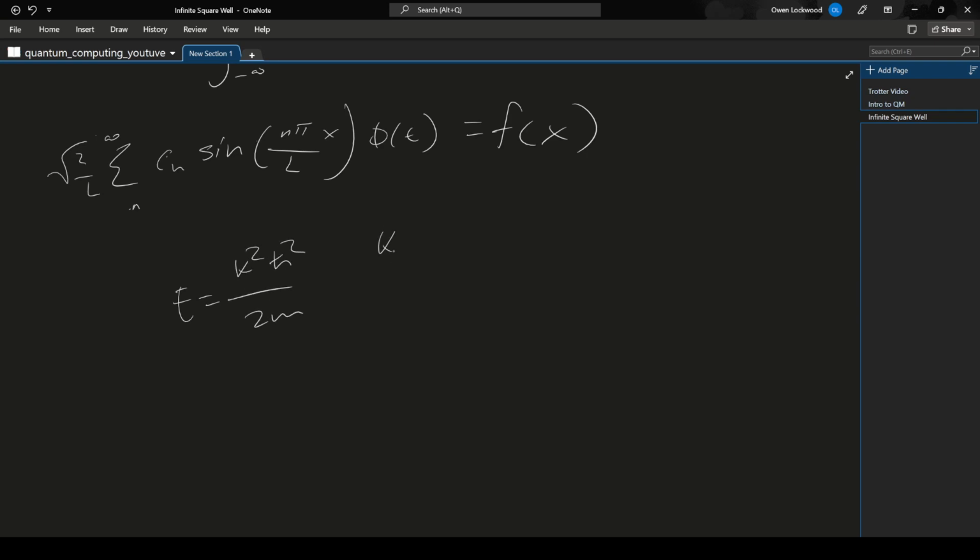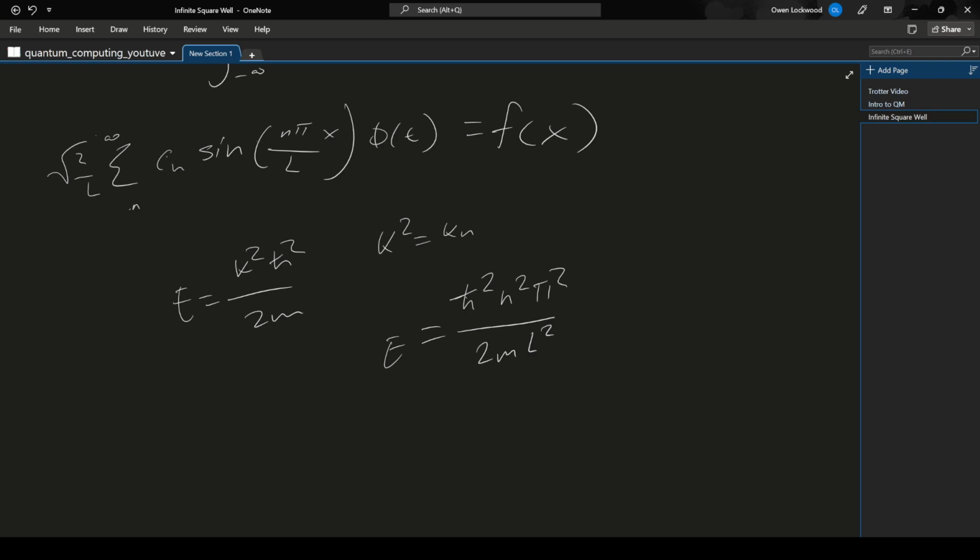We now know that k squared is a function of k_n, right? That's something we have now established as k is k_n for our solutions. And we know that k_n is n pi over L, so we have our energy solution. Energy equals h bar squared n squared pi squared over 2mL squared.